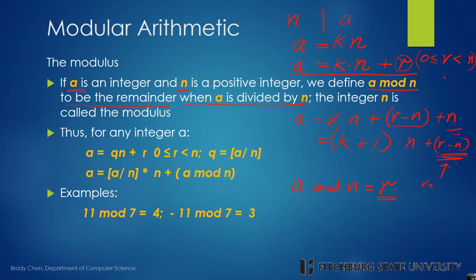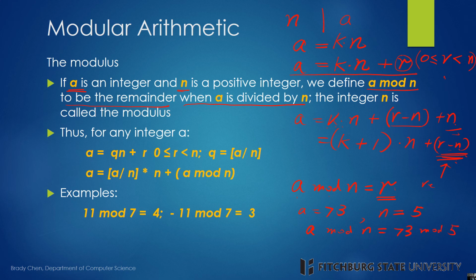Okay, now let's take a look at an example. Suppose a is 73 and n is 5. What is a mod n? This is the same as 73 mod 5, right?